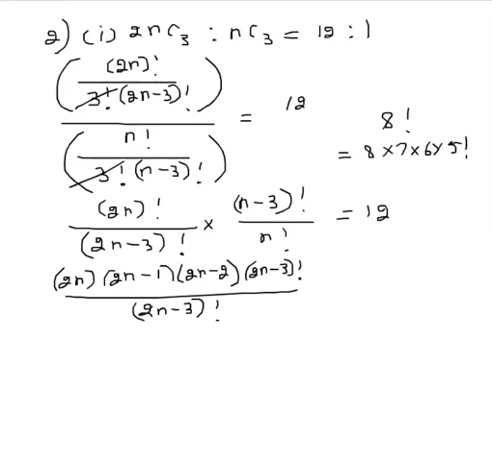So like that we have written 2n factorial so that we can cancel 2n minus 3 factorial. Similarly, here the bigger number is n. If you compare n minus 3 and n, the bigger number is n. So I can write this n factorial as n times 1 lesser than that, which is n minus 1, lesser than that is n minus 2 times n minus 3 factorial, is equal to 12.